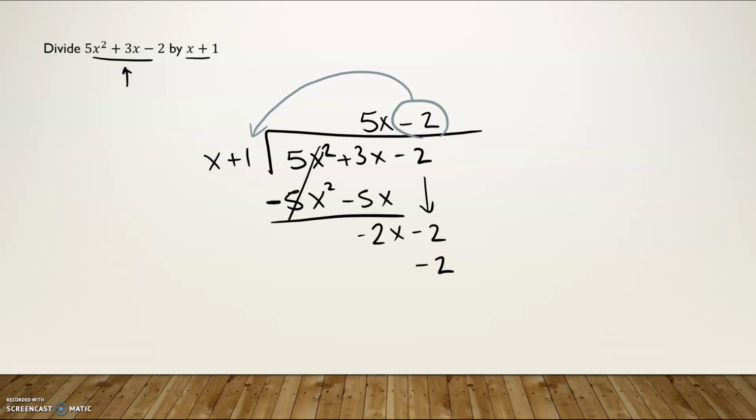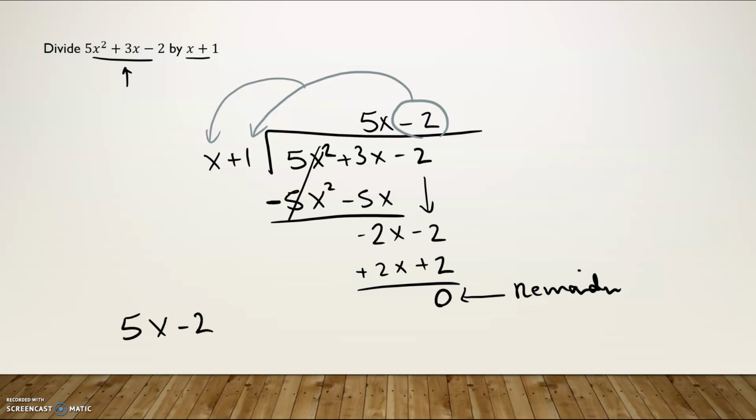Then take this negative 2 and multiply it times this x, and that will give me negative 2x. Then I'm going to change the signs. Now they're both positive, and this completely cancels out. So for this one, I have no remainder. Okay, so my final answer is 5x minus 2.